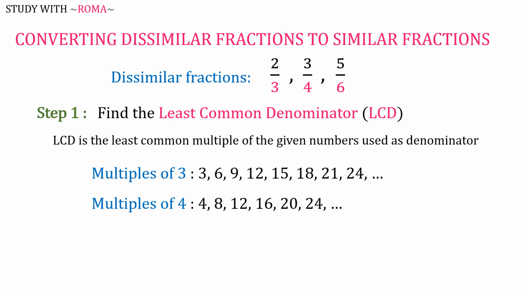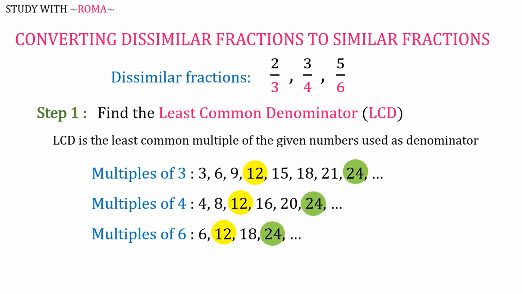Multiples of 4 are 4, 8, 12, 16, 20, 24, and so on. And multiples of 6 are 6, 12, 18, 24, and so on. As you can see, 12 and 24 are common multiples of 3, 4, and 6.